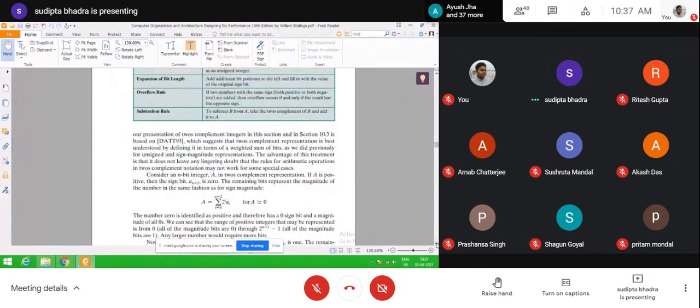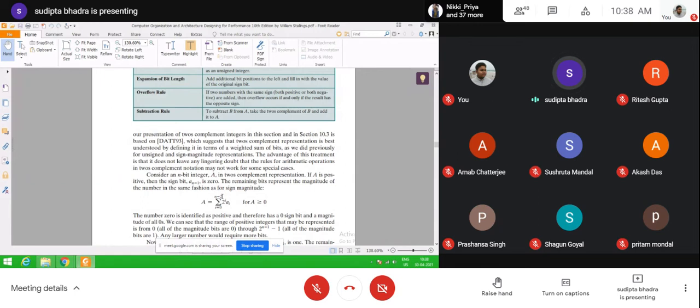Now, for an integer, say a is a positive integer, please follow the highlighted part. A is a positive integer, and the sign bit a n minus 1 is 0. So it can be represented in this form: a equals the summation over i from 0 to n minus 2.